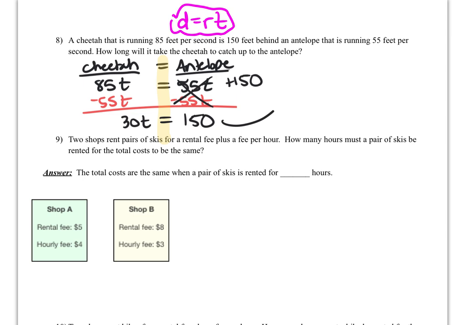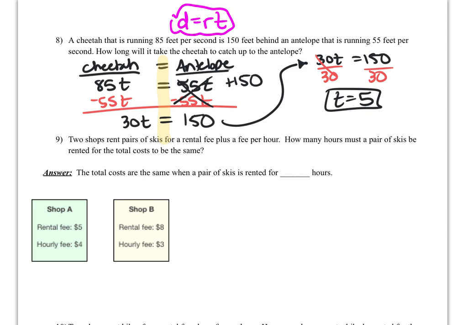I ran out of space here, so what I do to keep organized, I draw an arrow so I don't lose track of what I'm doing, and then I just write my next step up here. Okay, so we had to divide by what? 30. Good. What's 150 divided by 30? 5. Nice. So how many seconds? 5 seconds.